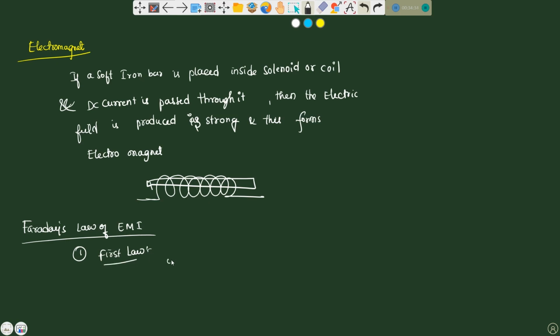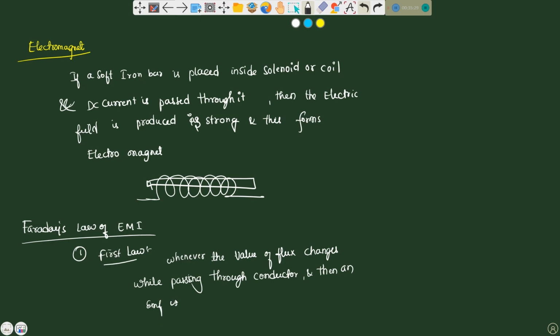what does it say? Whenever the value of magnetic flux passing through any conductor changes, then an EMF is generated in the conductor, and the generated EMF is retained until the value of flux is variable.